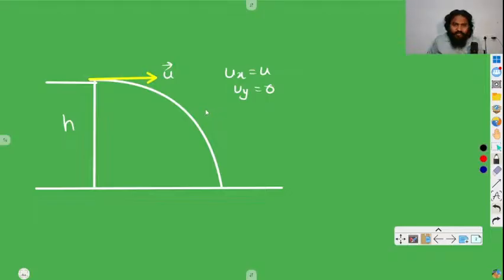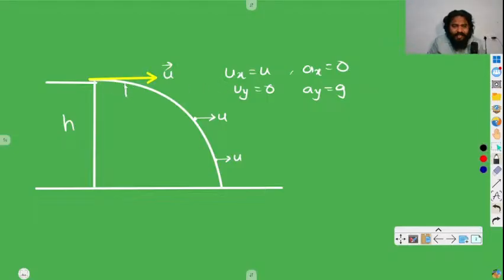And next, as usual, the acceleration along the x-axis is 0. That is why at any point in the path the horizontal velocity is u only. But along the y-axis, the vertical direction, the acceleration is the acceleration due to gravity. Because of this, after some time the vertical velocity increases.